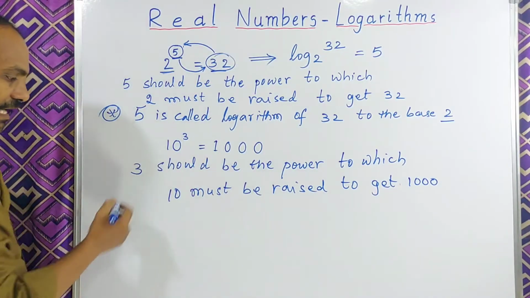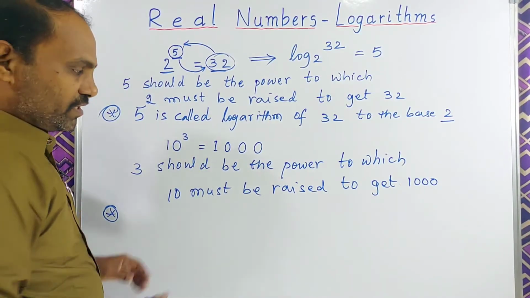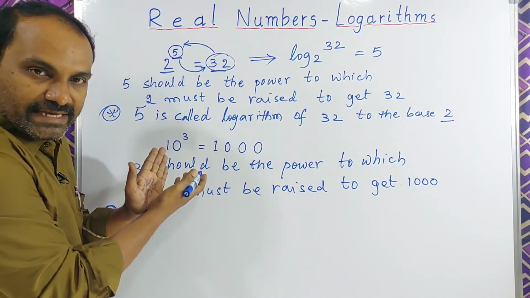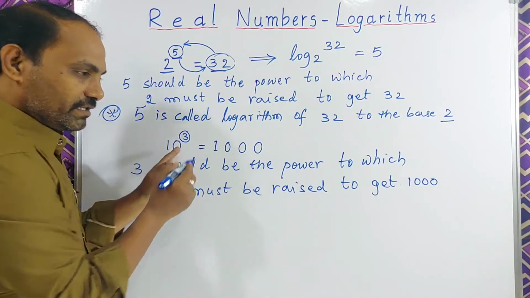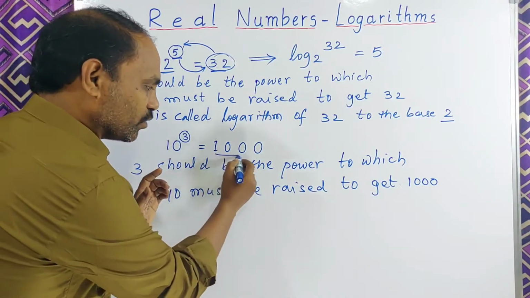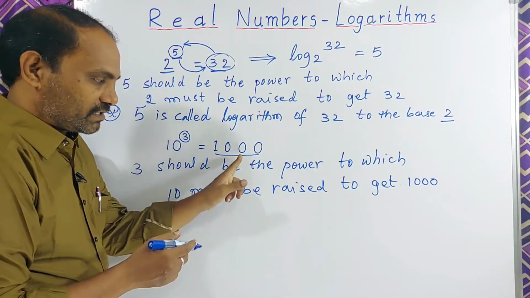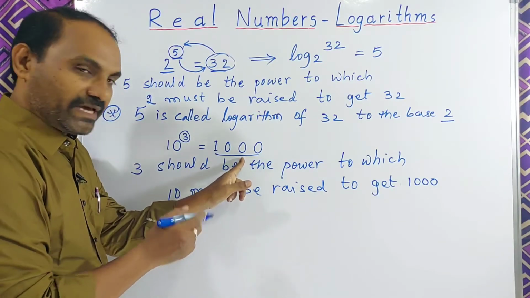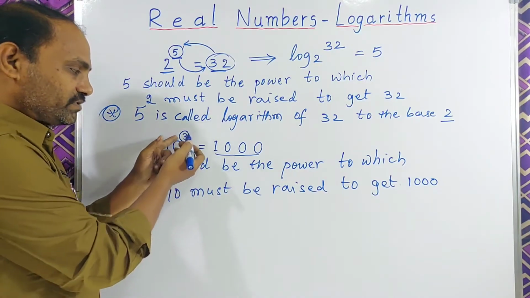Now let us check this example also. What is the logarithm in this situation? This 3 is the logarithm, for which number? For 1000. 3 is the logarithm of 1000 to the base 10. Here also the base and exponent are there.